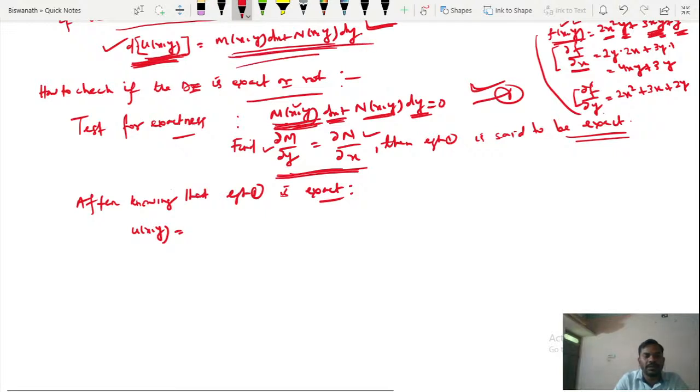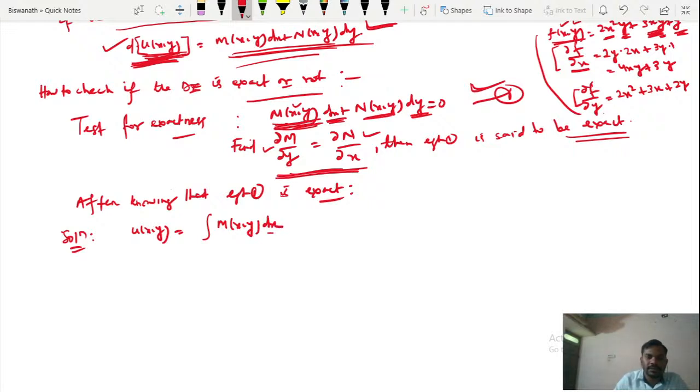That means if you take the integration of both sides, you will get your u of xy. So if the equation 1 is exact, then the solution u of xy is equal to the integration of m of xy dx.